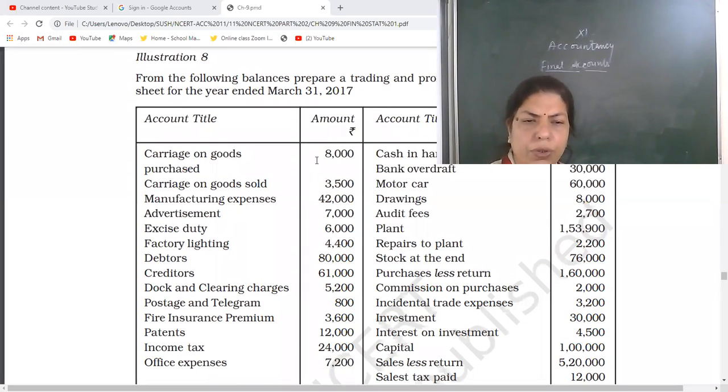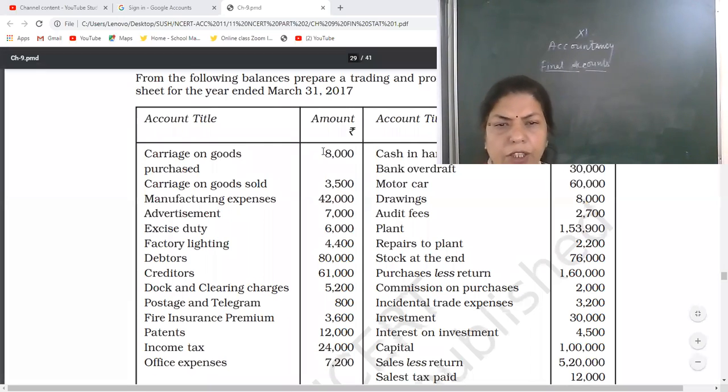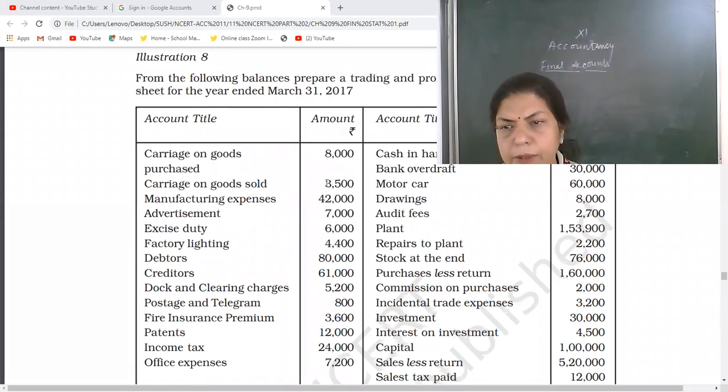Carriage on goods purchased. Because this carriage is on goods purchased, it will be shown on the debit side of the trading account. The next, carriage on goods sold. This expense is related with the goods sold, that's why it will be shown on the debit side of the P&L account.